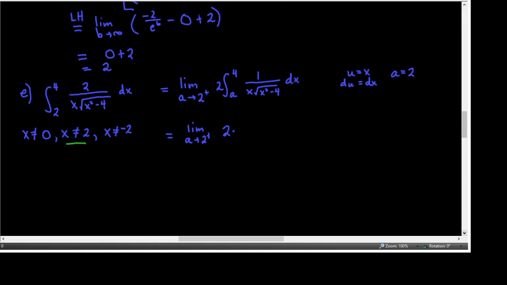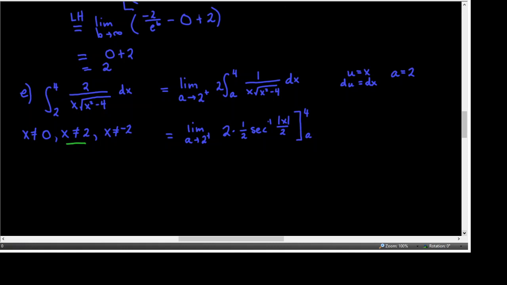And so the antiderivative of this one is 1 over a times arcsecant or secant inverse of, remember this one's kind of weird, it's the absolute value of u, so absolute value of x over a, which is 2, from A to 4.